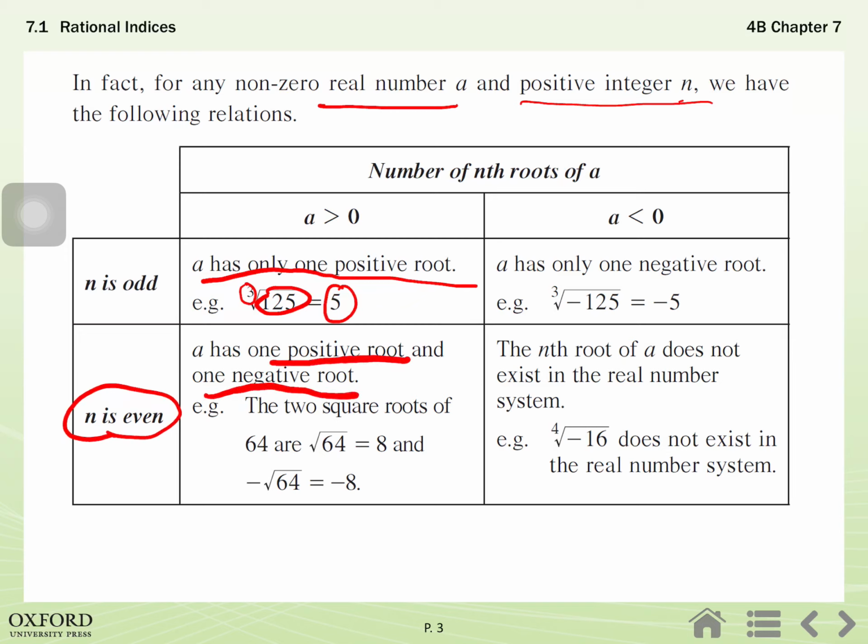So let's say x squared is equal to 64, then the roots of x are positive and negative 8.